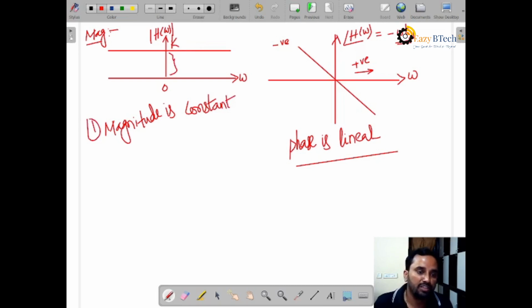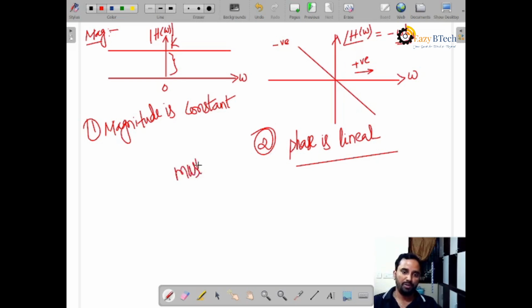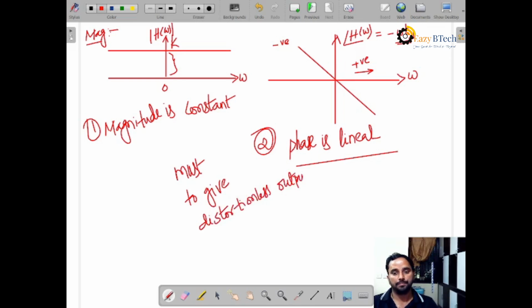So these two conditions, 1 and 2, are a must to give distortionless output. So this is the distortionless transmission. Very simple, right? The magnitude plot of the system is constant, phase plot is linear.